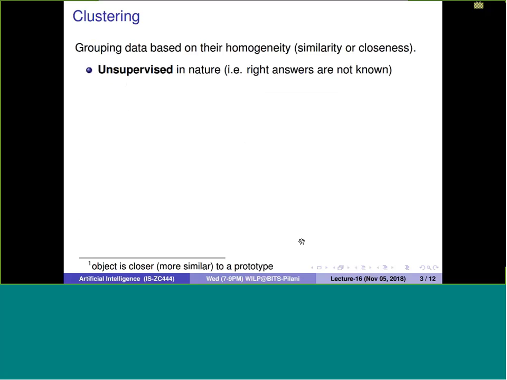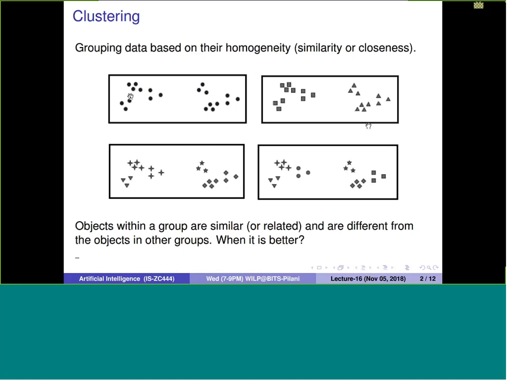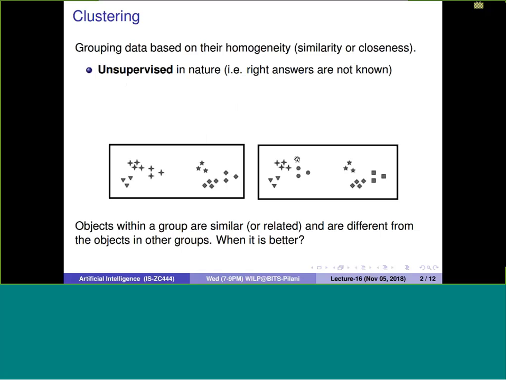We will see this in detail. Clustering is unsupervised in nature, meaning right answers are not known. I would not tell you which items are positive and which are negative. You have to come up with how many different categories there are, and tell me whether there are two, three or four categories.